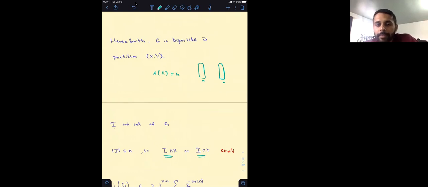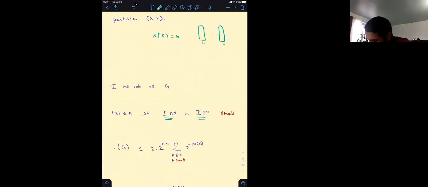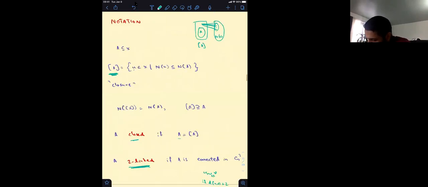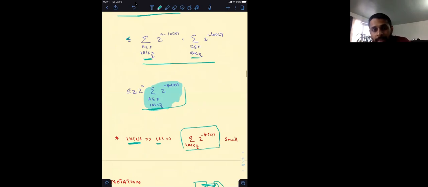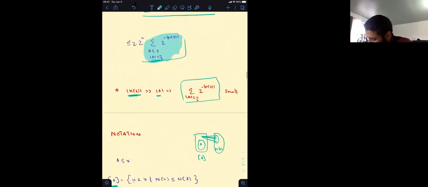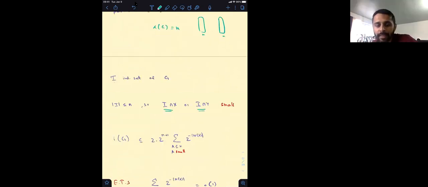It takes a couple of seconds to think about why this is true, but the point is that on at least one side, less than half of the vertices should be blocked. So let's rewrite this again. The number of independent sets of G is at most a sum where, instead of summing over sets of size n over 2, I'm summing over small sets. So it's a more refined summation.